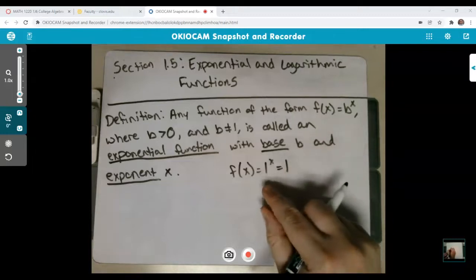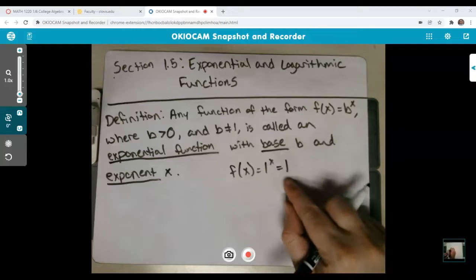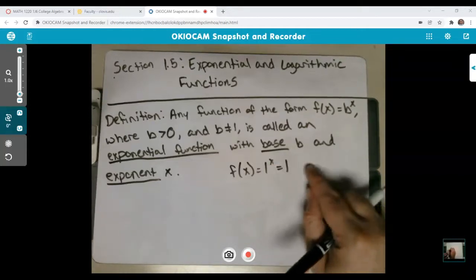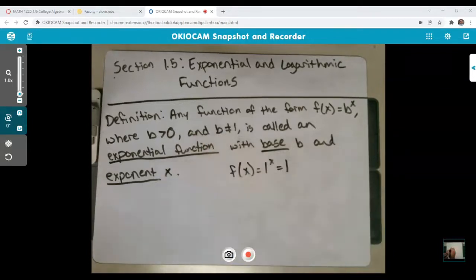So the reason we don't want our base to be 1 is because if it was 1, it doesn't really tell me anything I didn't already know, right? It's just a 1, which is just a flat line, doesn't help us out. So that's why we say b cannot be equal to 1. Because if it was, then it would no longer have the form of having a power, okay?